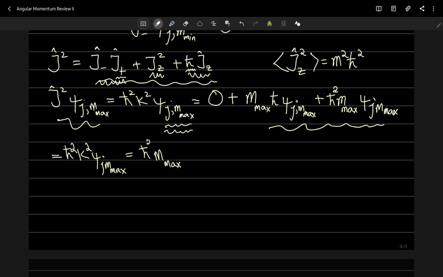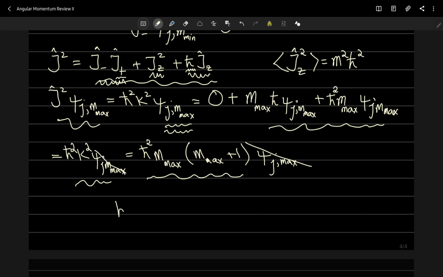And h bar squared, actually we could factor out h bar squared, correct? And we would have inside then m max plus 1, and we would have this eigenfunction psi j m max. Now all of these are constants, right? And then we have psi j m max. There's no operator acting on the psi j m max anymore, so we could just cancel these things out, right?